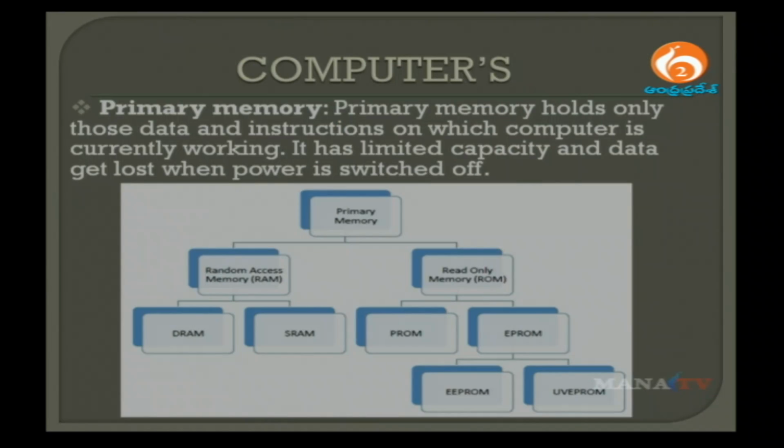So always remember this definition: primary memory holds only the data and instructions on which the computer is currently working. You can simply say the current working data or ongoing working data is called primary memory.